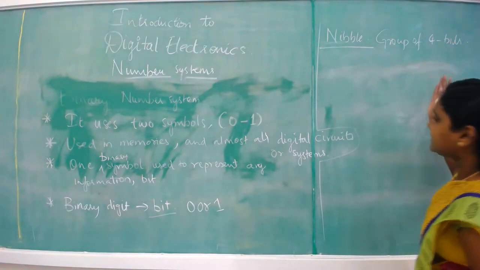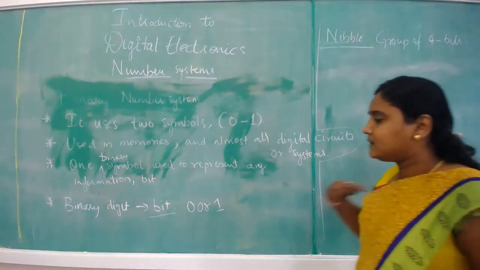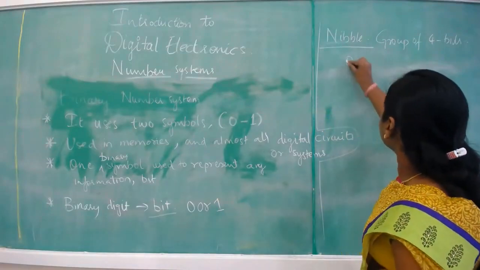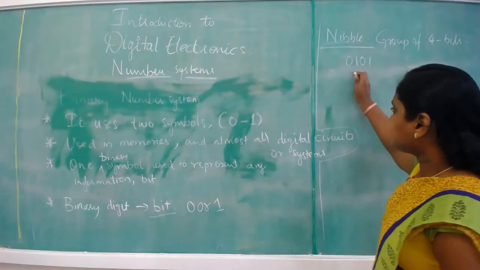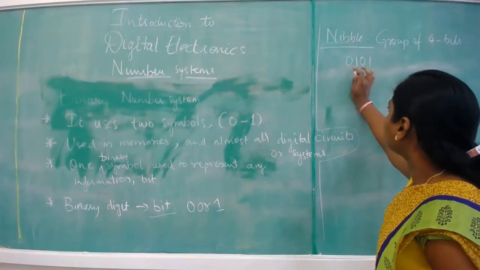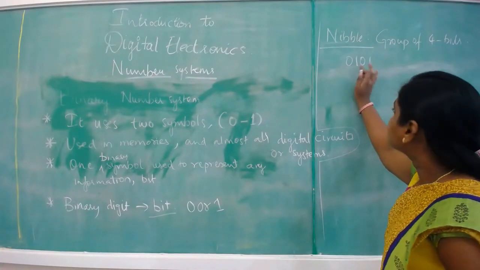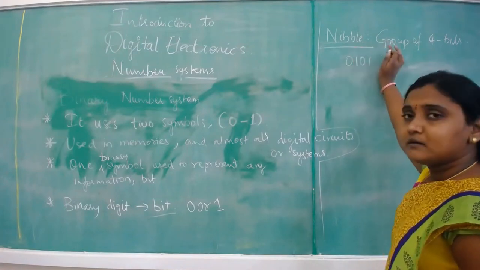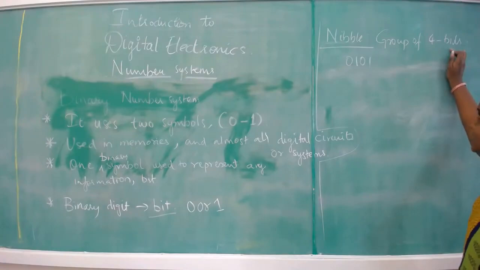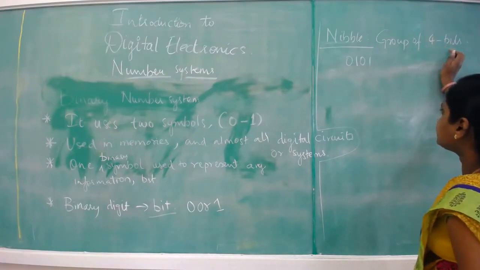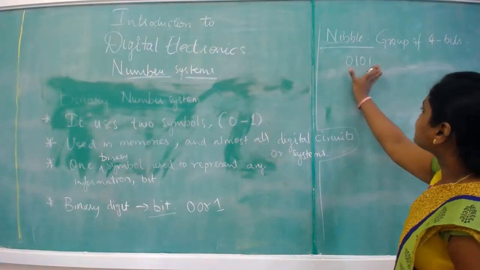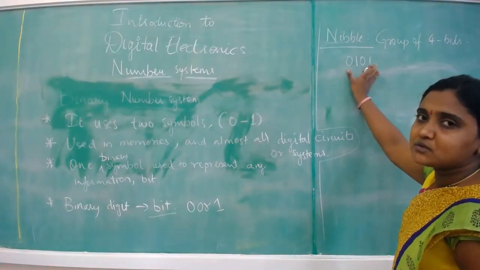Group of 4 means we can make a combination of any number of zeros and ones. I will give an example, that is 0, 1, 0, 1. This is one nibble because it is having how many bits? It is having 1, 2, 3, 4 bits. Okay, this is a nibble. Group of 4 bits, that is binary digits. Group of 4 binary digits is called what? Nibble. Okay, definitely this also represents some information.